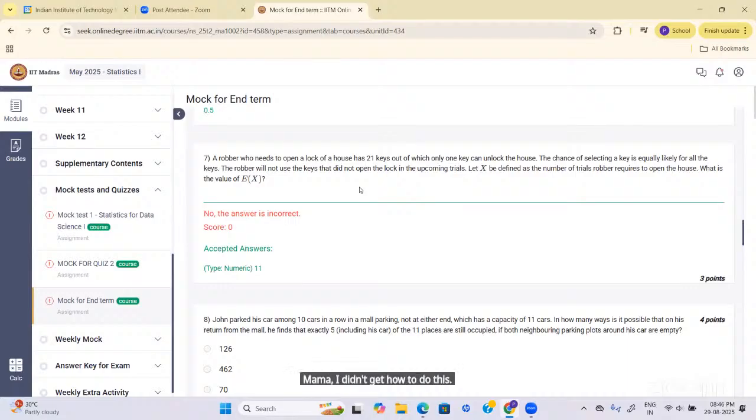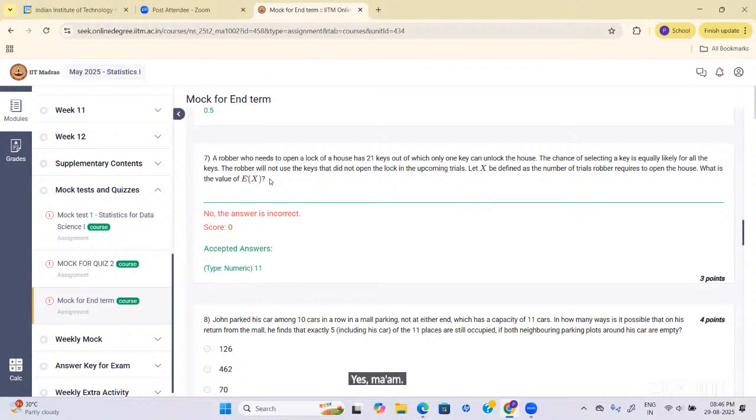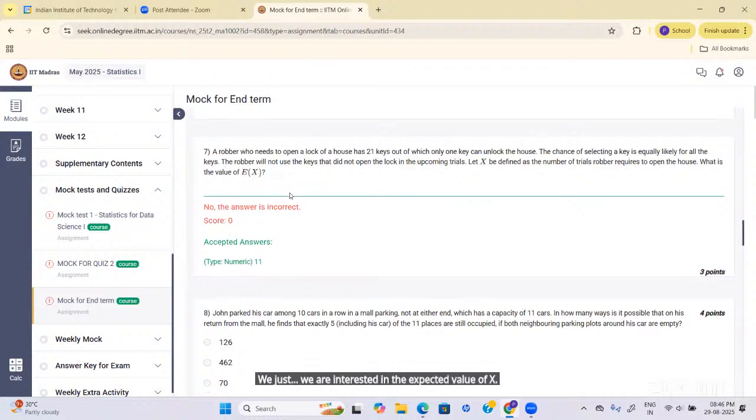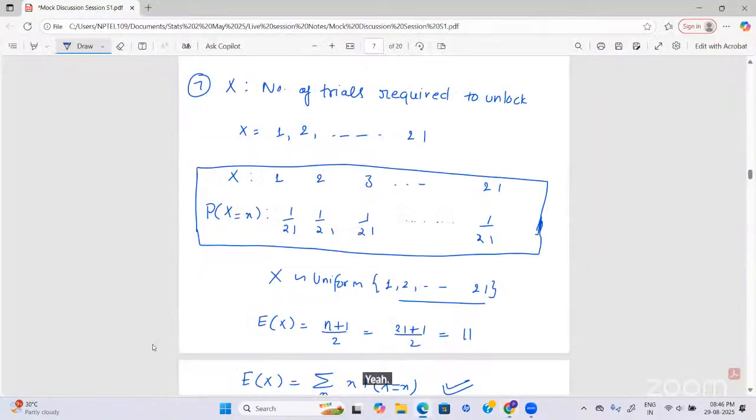See, you are talking about the probabilities, but here we are not calculating the probability. We are interested in the expected value of X. X is representing the number of trials, so the number of trials is like the number of keys that you have. It is similar to that. Yeah, ma'am, it cancels out and we get 1 by 21 directly.